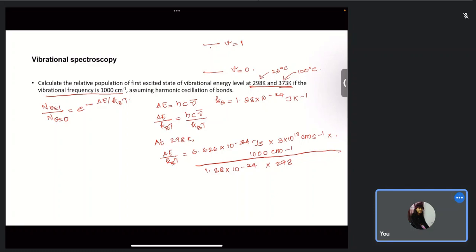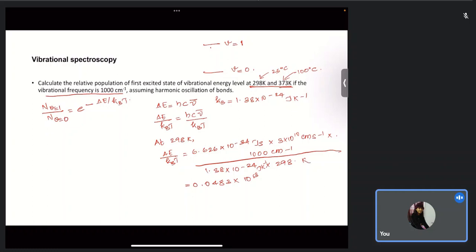So let's do the calculation. It is 6.626 into 3 divided by 1.38 into 298. This is 0.048 into 10 to the power 3, in joule Kelvin inverse Kelvin.